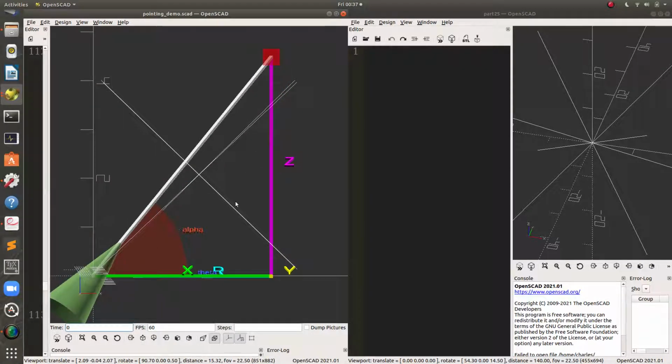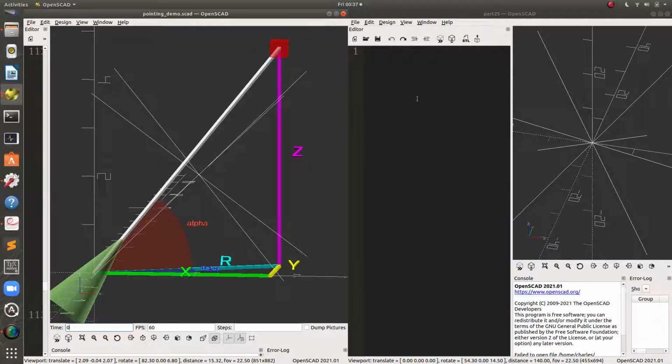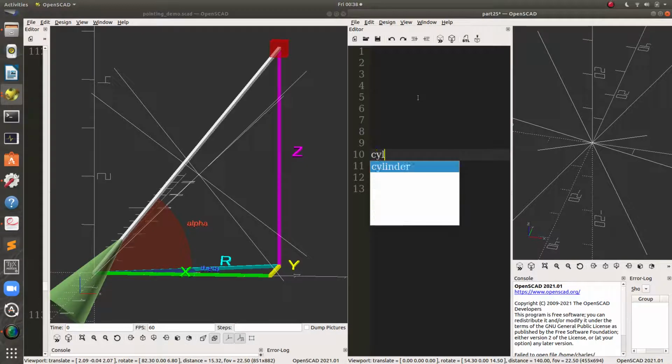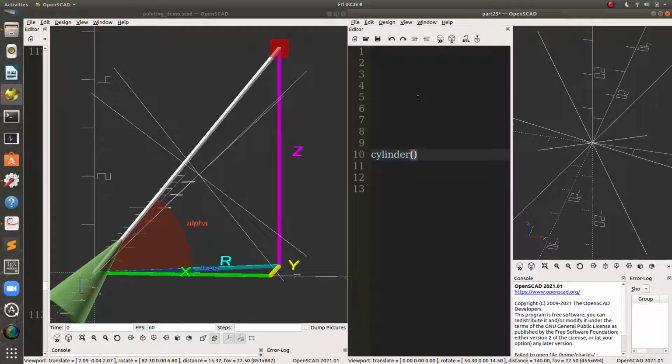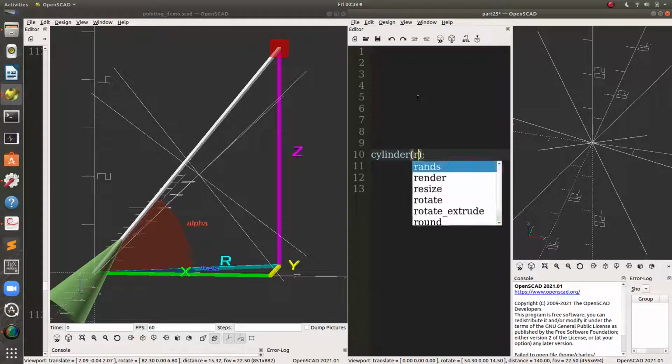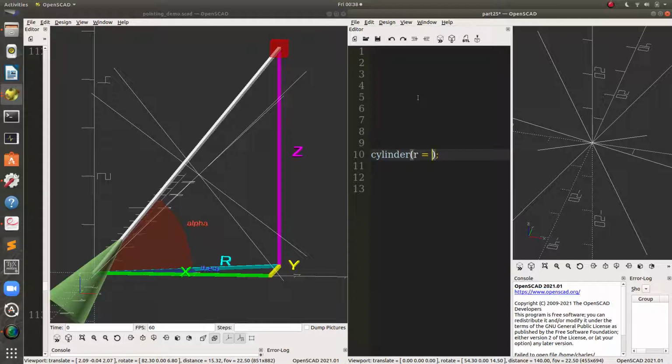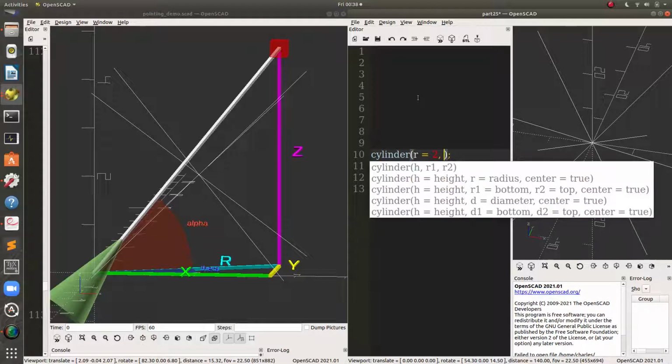So let's start with a bit of implementation. We'll create the cylinder. It's a cone, but we use cylinder to make it. Let's say r1 equals 2, r2 equals 0.